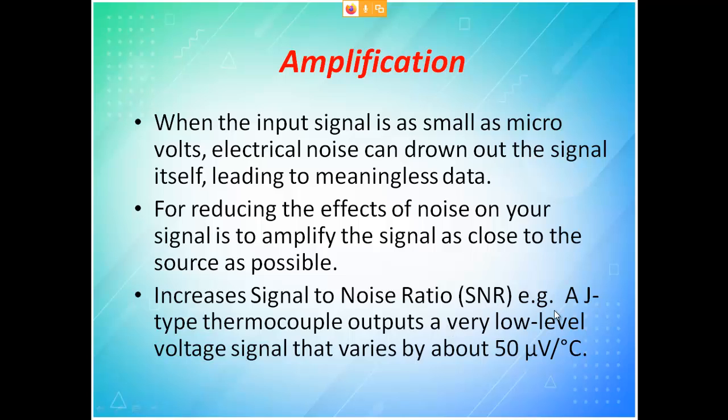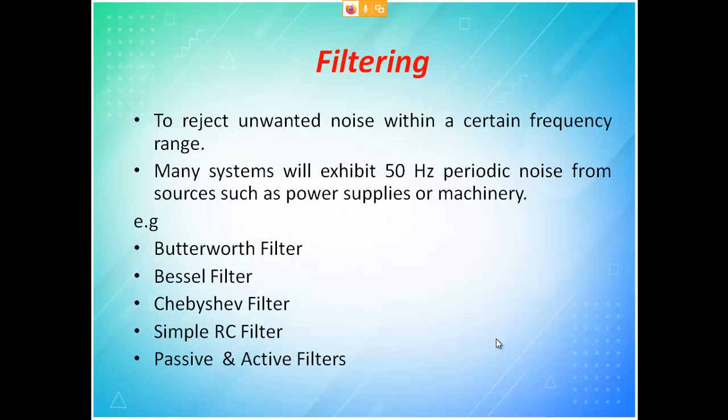Example, a J-type thermocouple outputs a very low level voltage signal that varies by about 50 microvolt per degree. Assume if there is a change of 1 degree, only 50 microvolt, not even millivolt, it is microvolt. So it is a very low value. So you have to do amplification so that it can be brought to the level where the data is not lost.